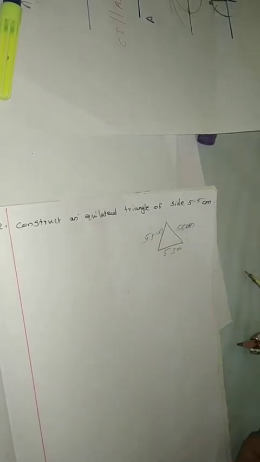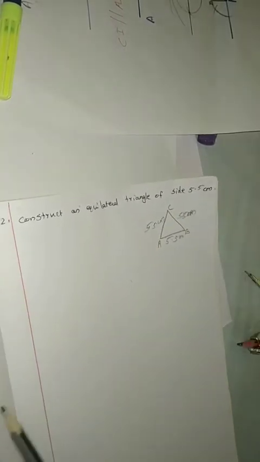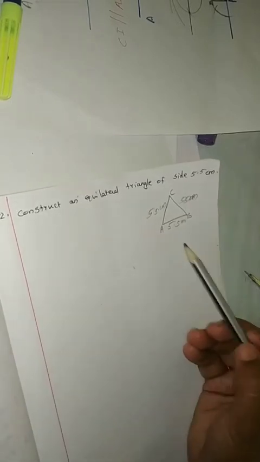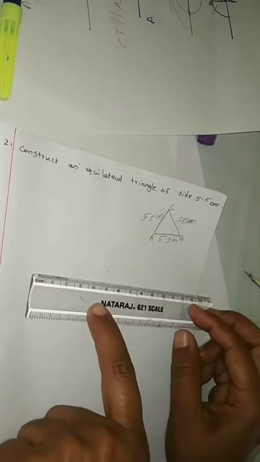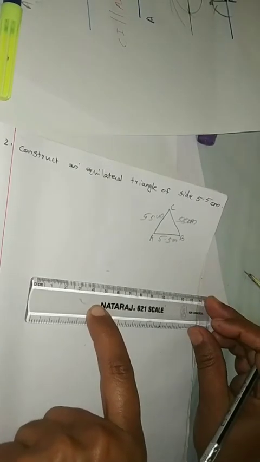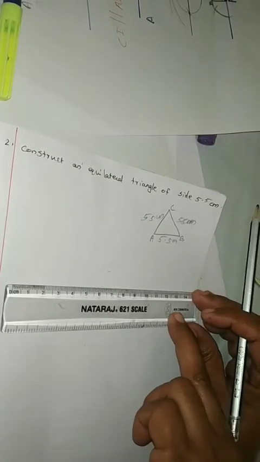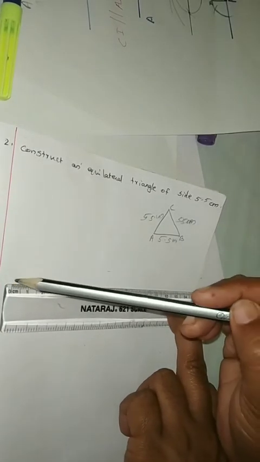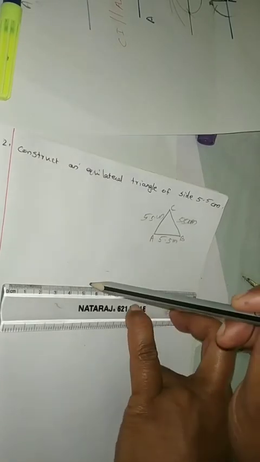Now we can name this triangle as A, B, C. Now we can draw this one by using our instruments. First we draw AB with 5.5 centimeter. 1, 2, 3, 4, 5, 5.5.